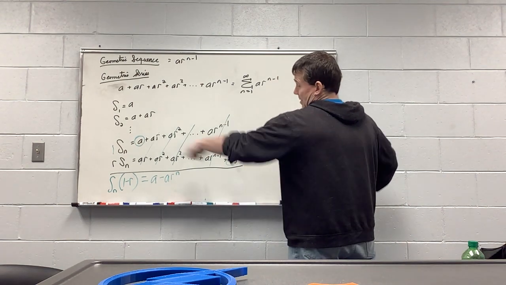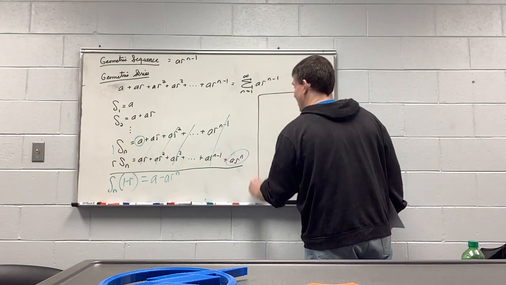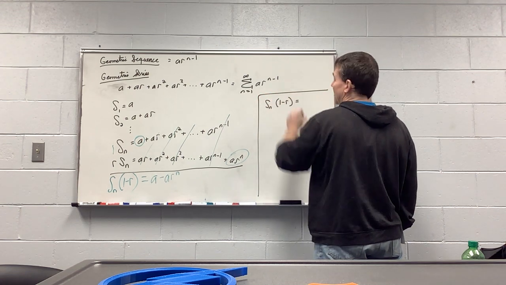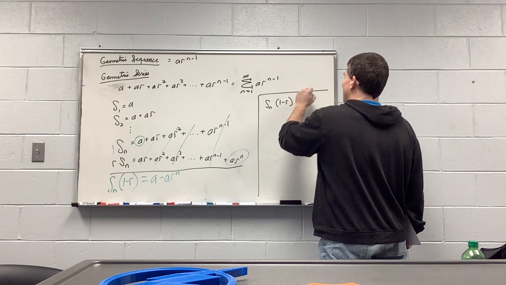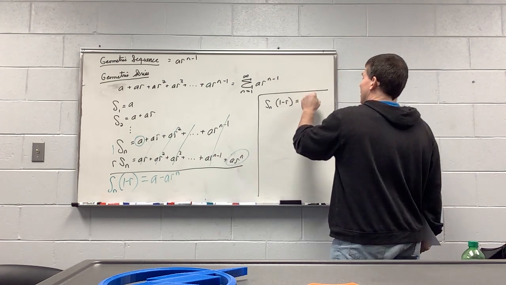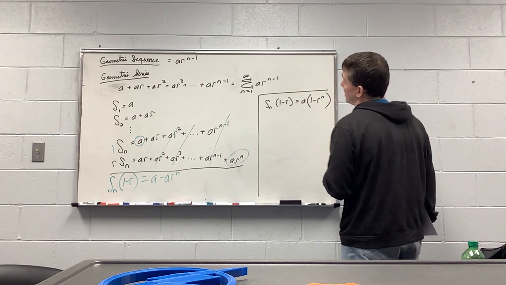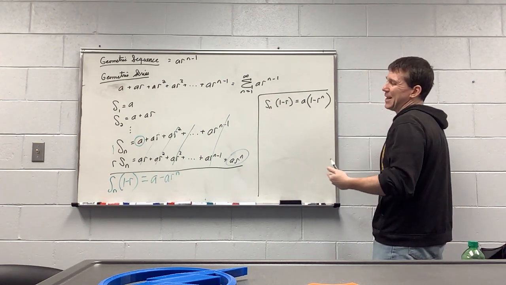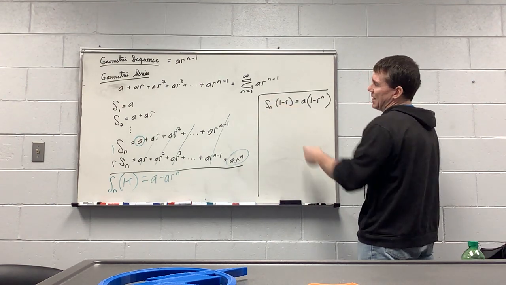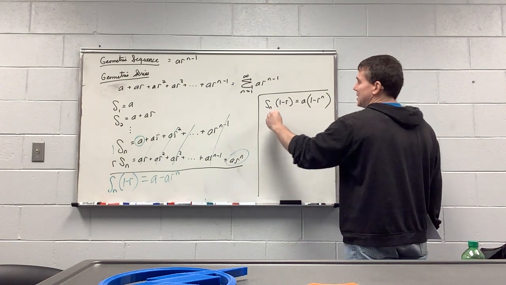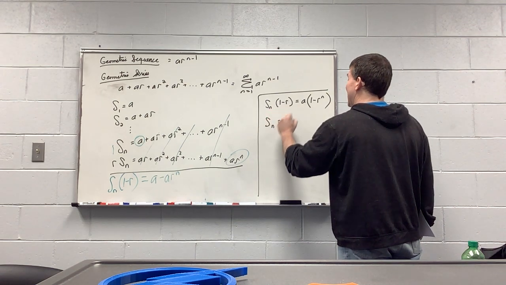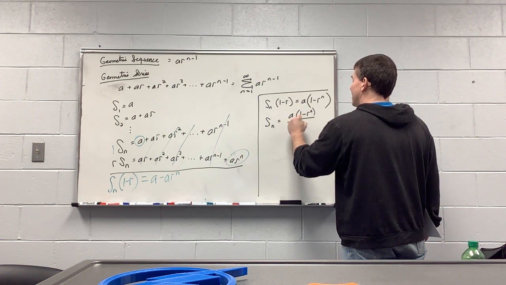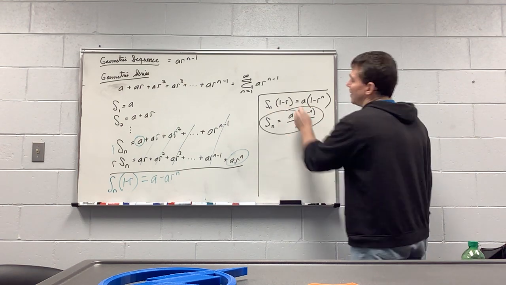Now, if I just look at that, I get S sub n times 1 minus r equals, factor out the a on the right, 1 minus r to the n. Now, since I care about the nth term, the sum of this series right here, of the sequence of partial sums, solve for S sub n, I get a times 1 minus r to the n over 1 minus r.